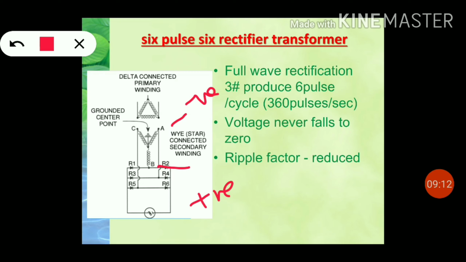Then electrons will flow from A through the rectifier R3 and then go to the filament of the tube, the cathode side, and then toward the target, the anode side. Then through the rectifier R2 it will come to B.